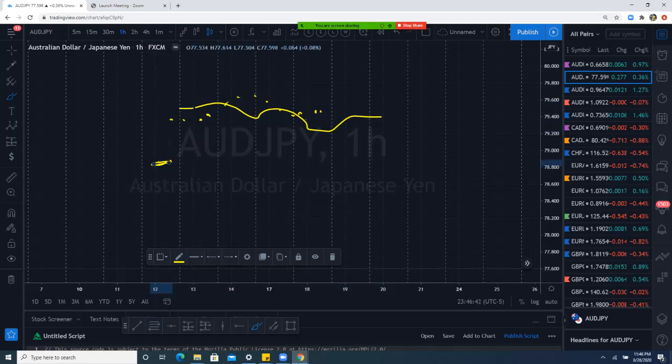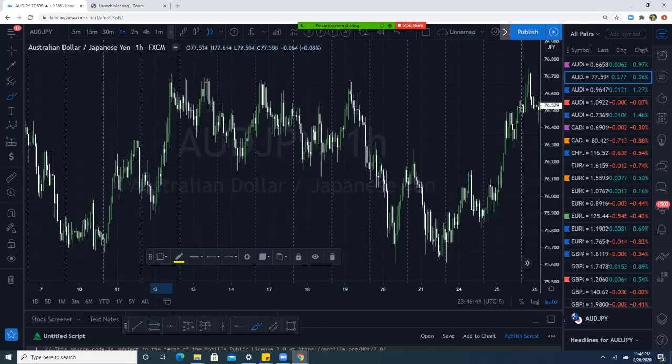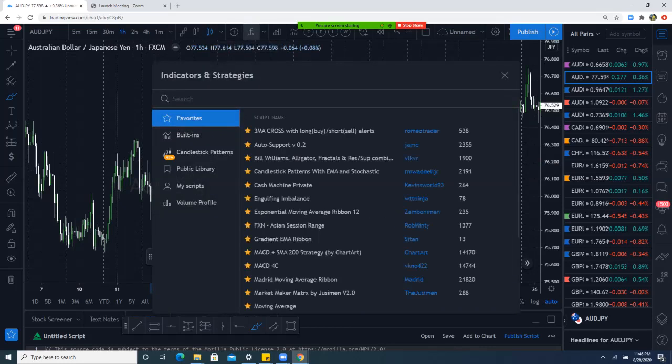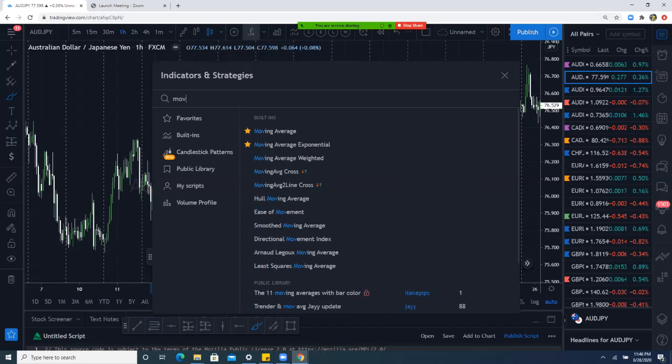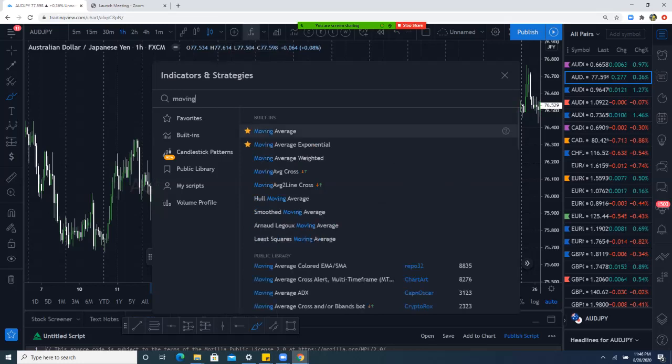So let me show you a live example of that. To actually access a moving average, you're going to go to indicators on TradingView, and what I like to do is just type in moving average. There are two major ones, there's three, but most people just use one of these two: the simple moving average, or just moving average on TradingView, and the exponential moving average.